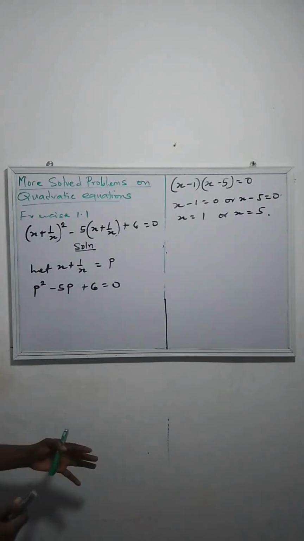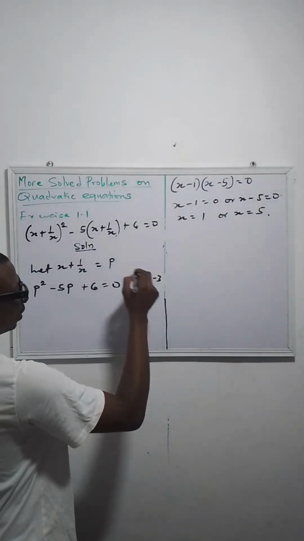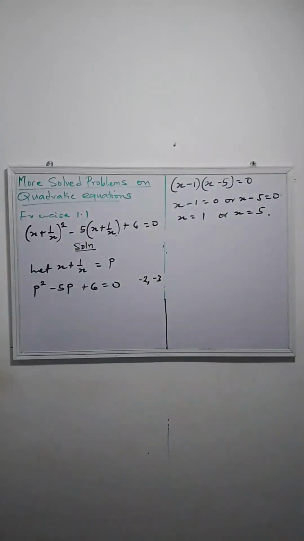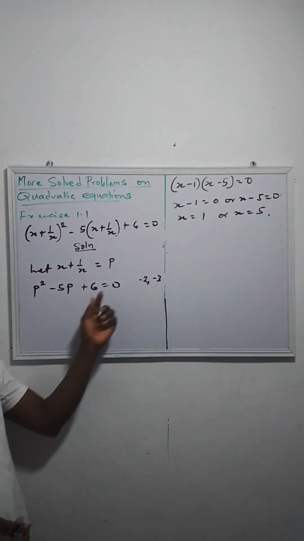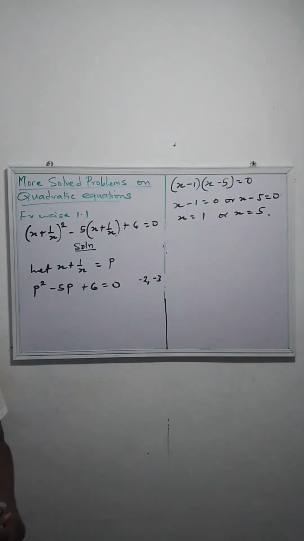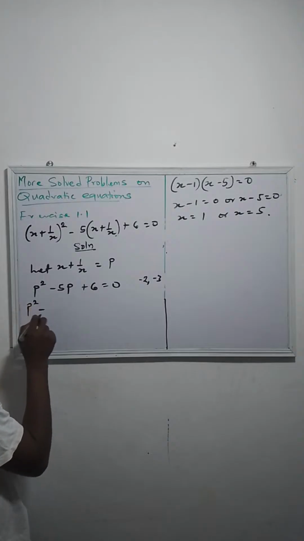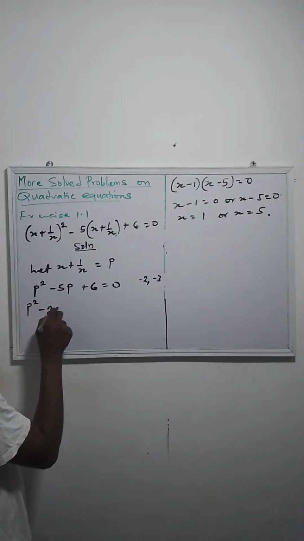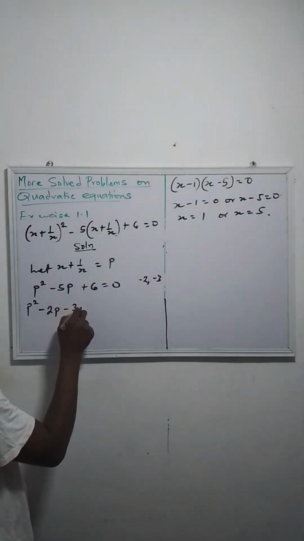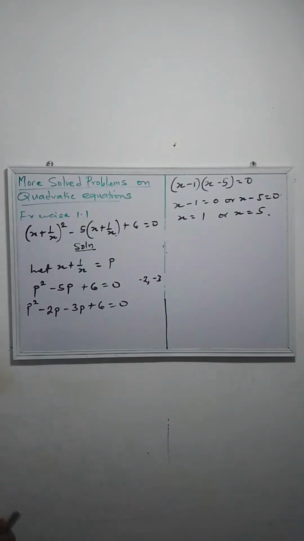The sum and product. I know you'll be thinking of negative 2 and negative 3. It works. When you multiply, you have plus 6. When you add, you have negative 5. Okay, so now this turns to p squared minus 2p minus 3p plus 6 equals 0, right? So now you find the GCD of these two terms.